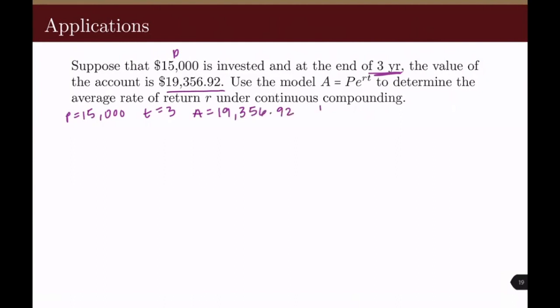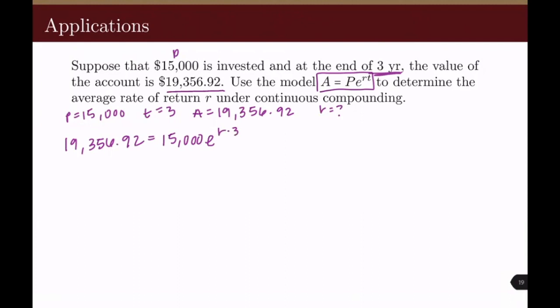So we want to figure out what was r. So I'll just plug into my formula. So that means I'll have 19,356.92 is equal to 15,000 times e to the r times 3, right?